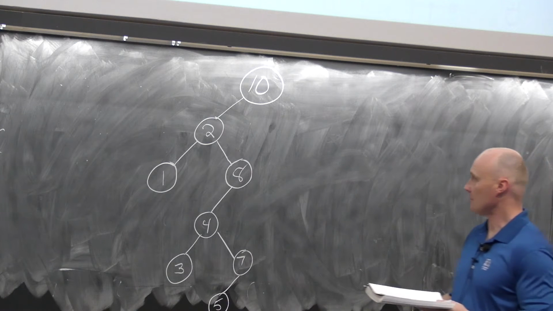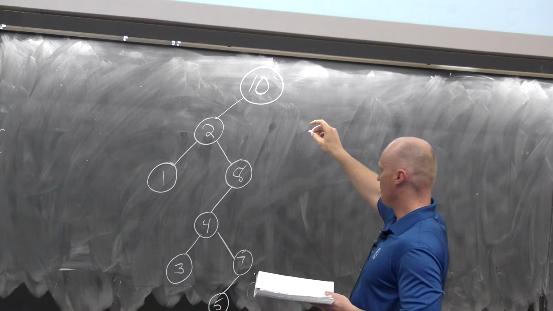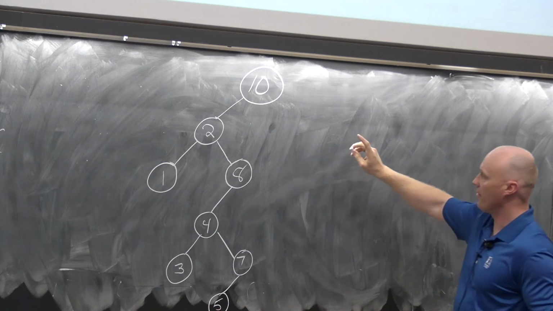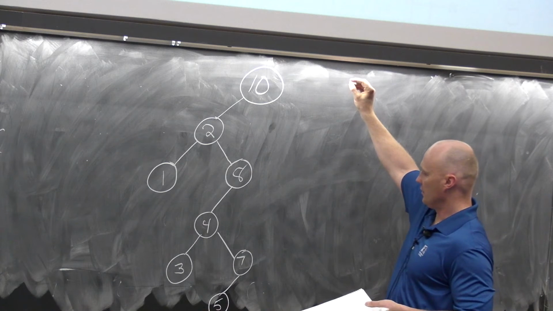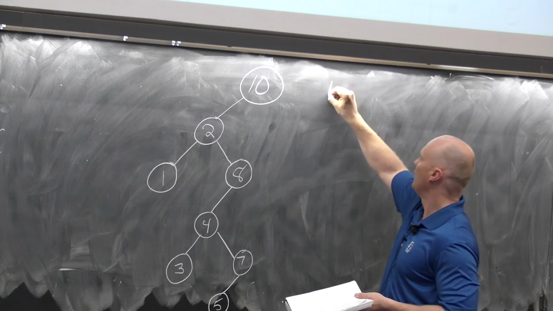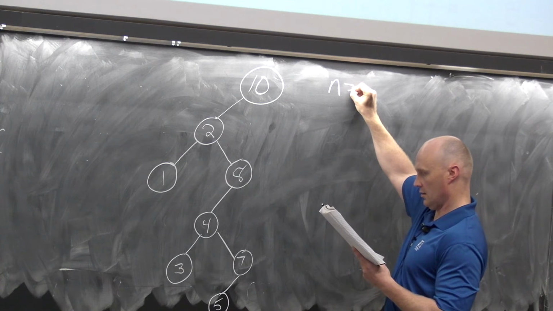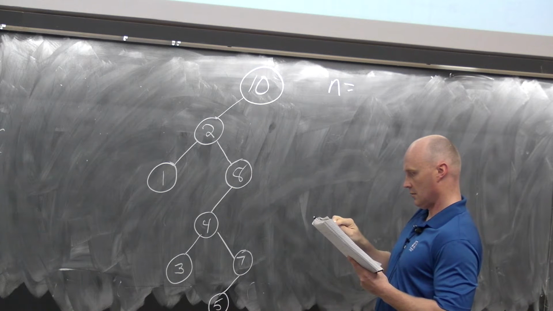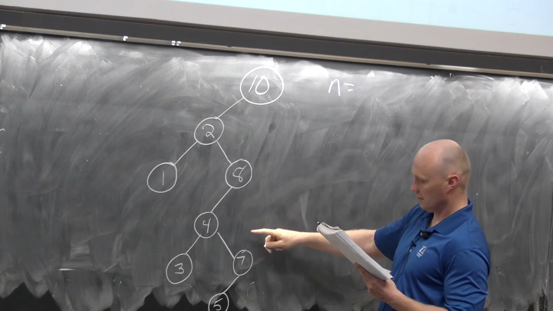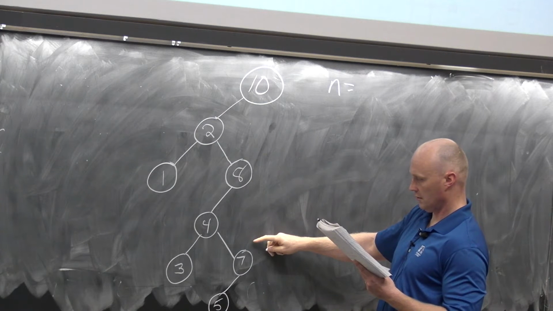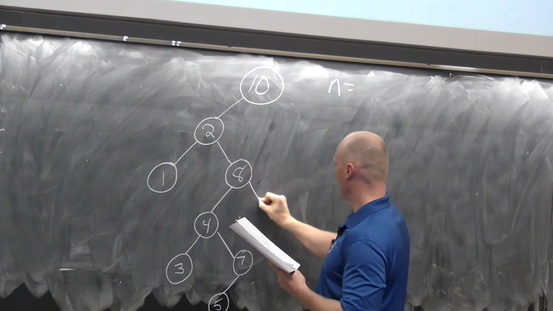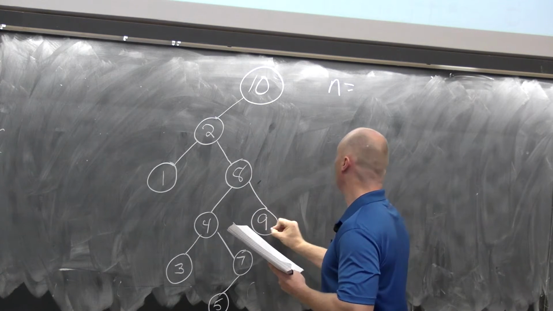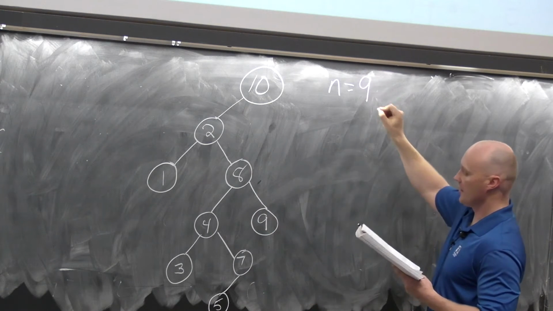Okay. So this is a scapegoat tree with, let me see here, 9 nodes.